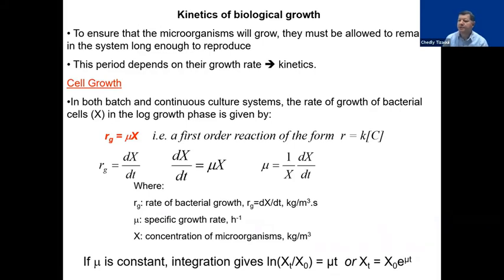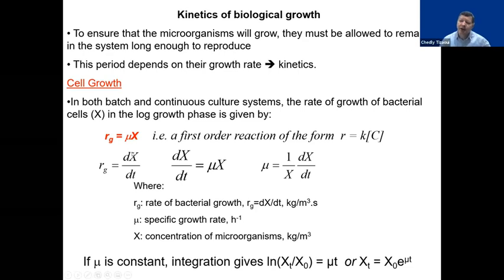Okay, briefly about the kinetics of biological growth, how the cells would grow in a reactor. We can make reference here to concepts we know from chemical reactions: first order reaction, second order, etc. But generally, we use first order reactions to describe the growth of bacteria in a biological reactor.